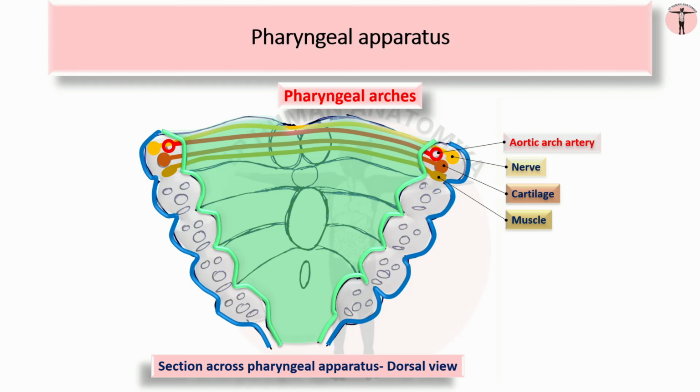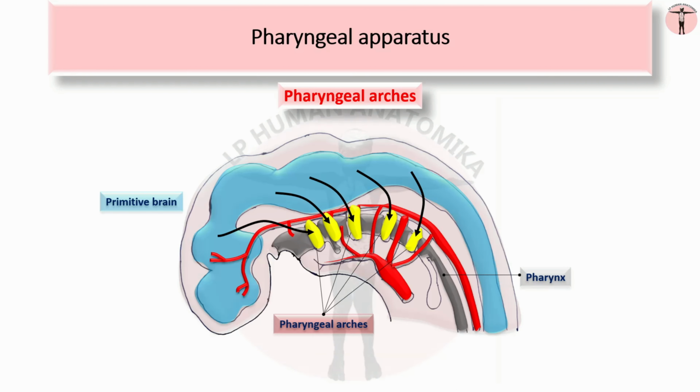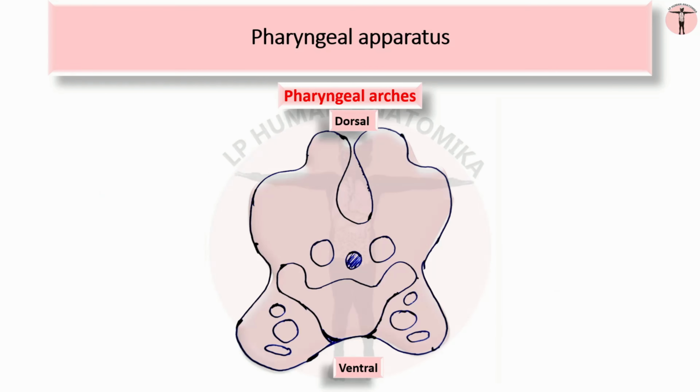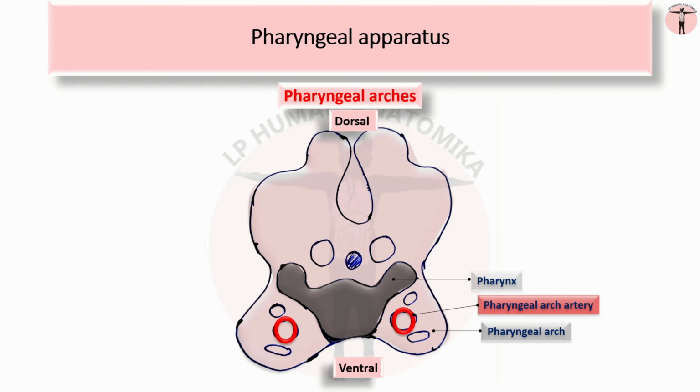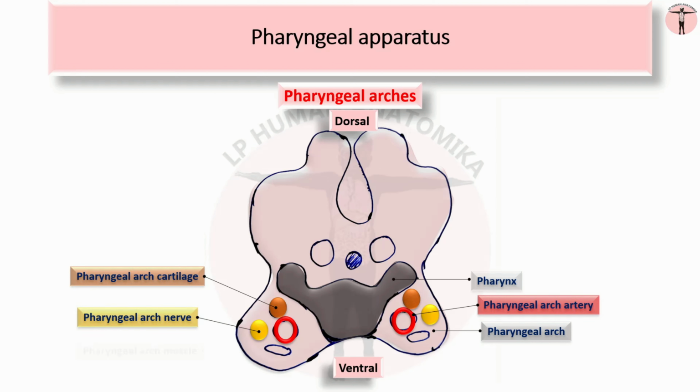With this general discussion of the pharyngeal arches, let us now discuss the derivatives of each pharyngeal arch. When we take a section across the embryo in the cranial region with one pharyngeal arch from dorsal to ventral region, let us see how it looks. Ventral and lateral to the pharynx, pharyngeal arch and its components, pharyngeal arch artery, pharyngeal arch cartilage, pharyngeal arch nerve and pharyngeal arch muscle are located.